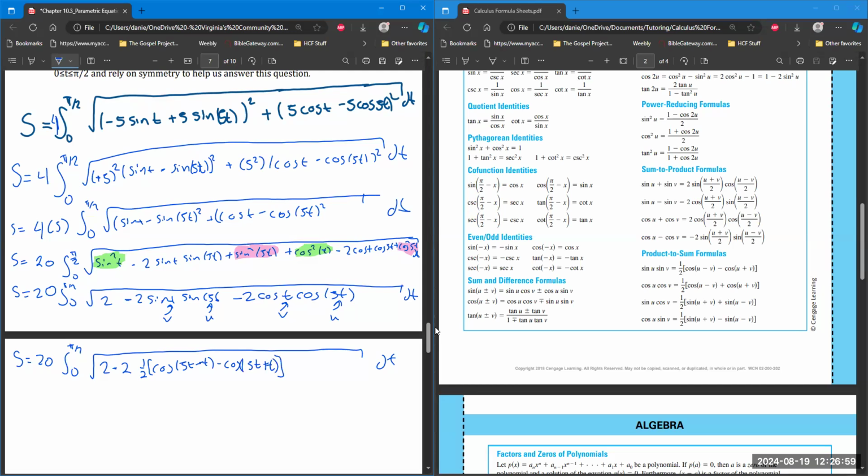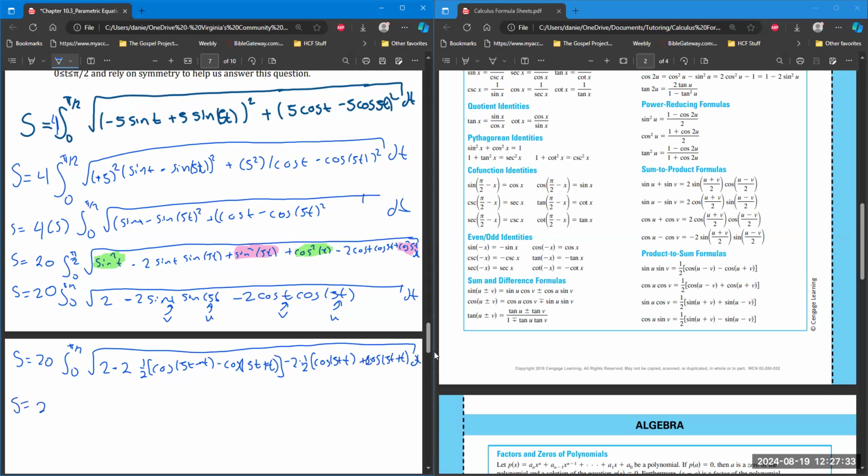And then I have minus 2, and then I have cosine and cosine, which is going to be 1/2 of the quantity cosine of u minus v, 5t minus t, plus cosine of 5t plus t.